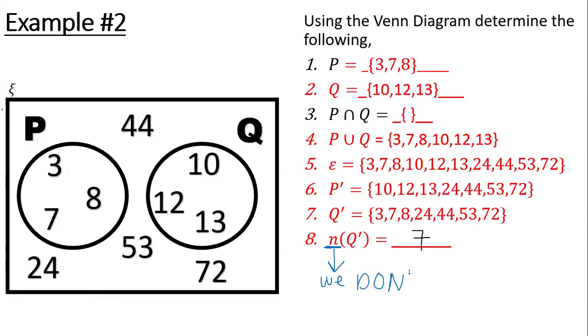We just want the number. So the N stands for the number. Since we just want the number of elements, we don't write the curly brackets. We just leave it just like that.